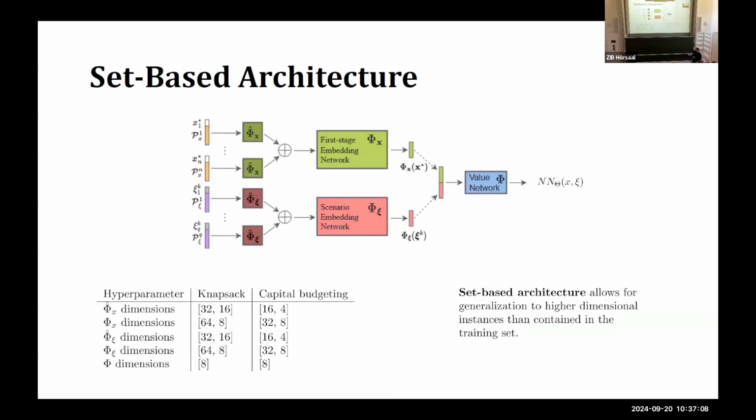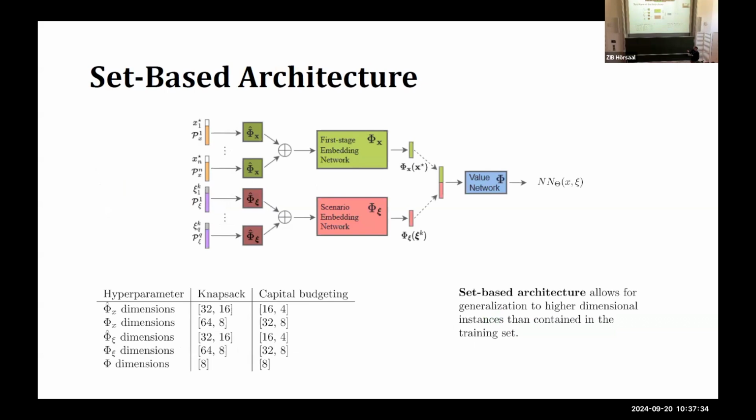So what you can use here is a set-based architecture for a neural network. The idea is you have these embedding networks not for the whole vector, but for each component of the vector. So for the first component of the X plus some additional information, which are the coefficients of the problem or whatever, you have one network which predicts the embedding.